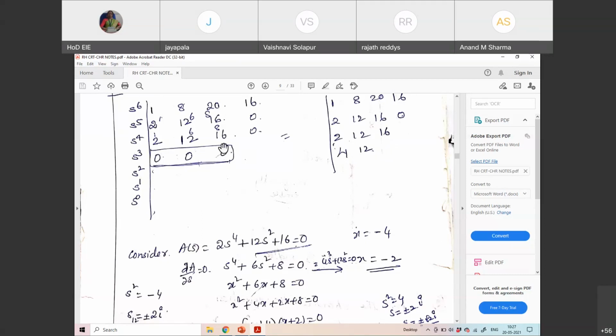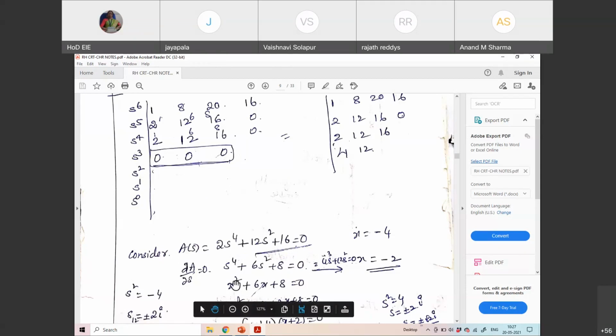This is all 0. So this is your auxiliary equation: 2s to the power of 4 plus 12s square plus 16 equal to 0. To get these elements, take the derivative of the auxiliary equation. Simplified, it doesn't matter, s to the power of 4 plus 6s square plus 8 equal to 0.